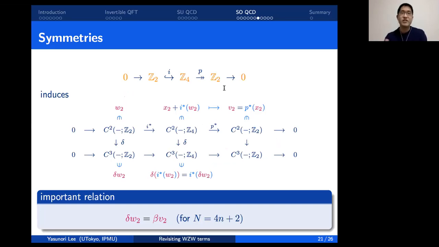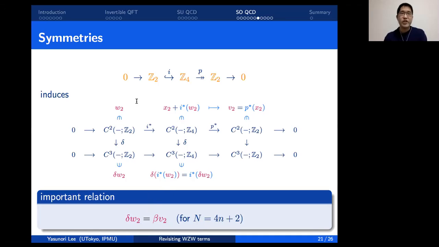I won't explain any details, but there's a so-called connecting homomorphism, which takes V2 to delta W2. This is the beta here. So beta takes V2 to delta W2, and it is called the Bockstein homomorphism. So the beta is for Bockstein.